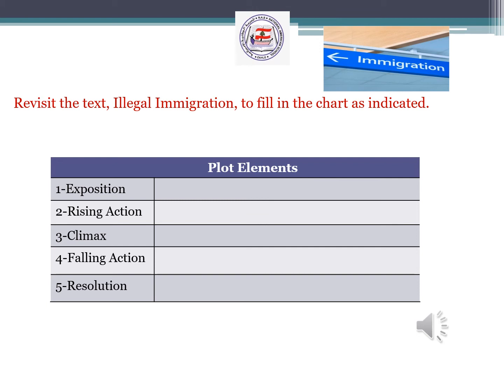Rising action: Chris shutting her sister in their bedroom, turning off all the lights and locking the windows, and the immigration officers ascending the stairs. Climax: the immigration officers knocking on the door. Falling action: the immigration officers leaving and the family reuniting, whereas the resolution is the family going back to almost normal life.